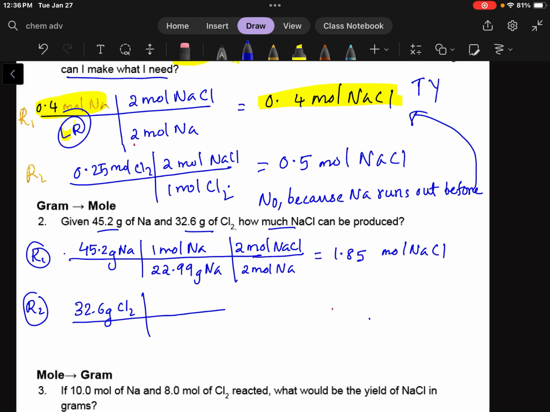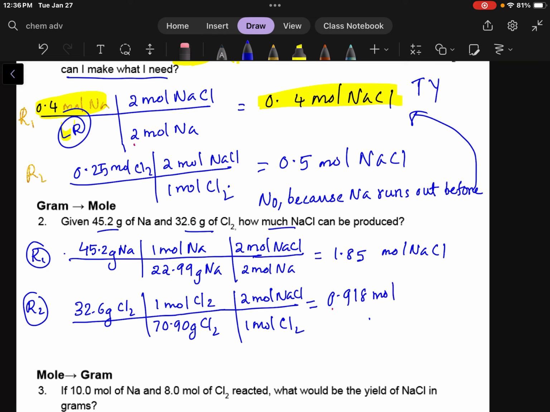Now let's start from reactant 2, which is 32.6 gram of chlorine. We know that chlorine is diatomic, so you have to multiply: 70.90 grams of chlorine is 1 mole of chlorine. Then 1 mole of chlorine will give 2 mole of NaCl, which is 0.918 mole of NaCl.